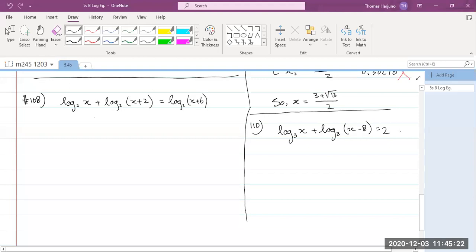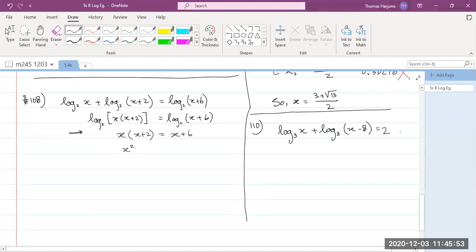Number 108, we have sum of logs on the left-hand side, put them together, becomes log of product, equals log base 2. Of course, when you put them together, make sure the bases are the same. Okay, now log blah equals log blay implies blah equals blay.